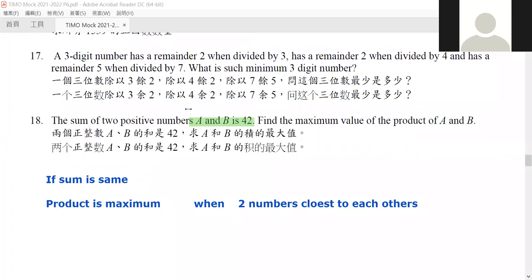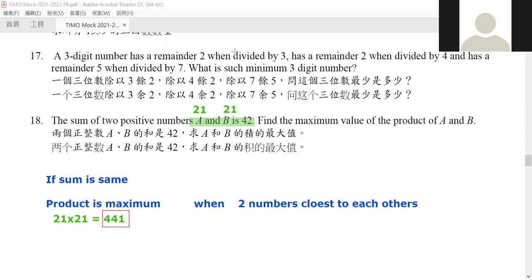The closest is when they are the same, right? If they are the same and sum up to 42, then each of them must be 21. So the maximum product is 21 times 21, which is 441. Okay, so 441 is our maximum.